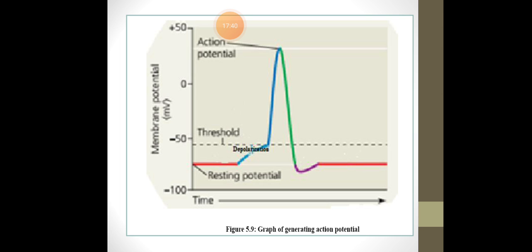That means the number of positive ions inside the neurons becomes low, and it becomes negatively charged.